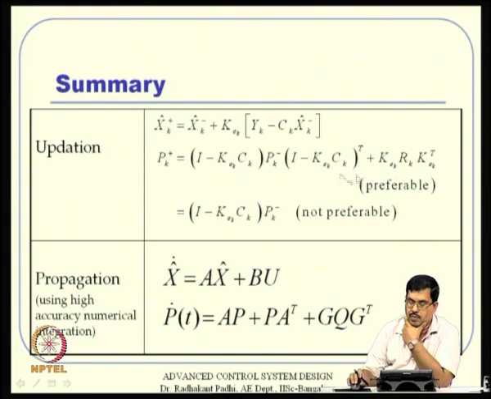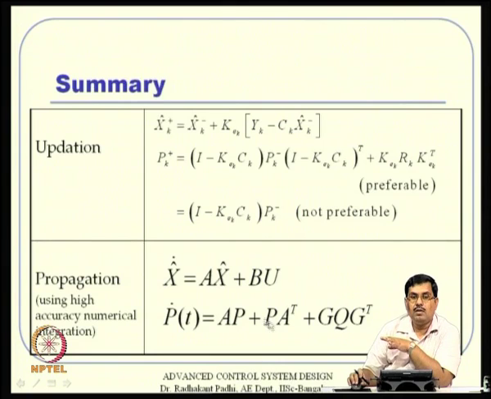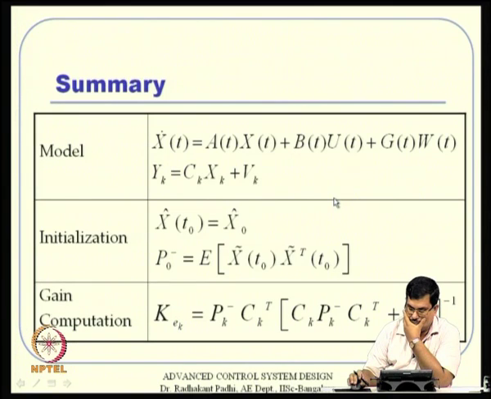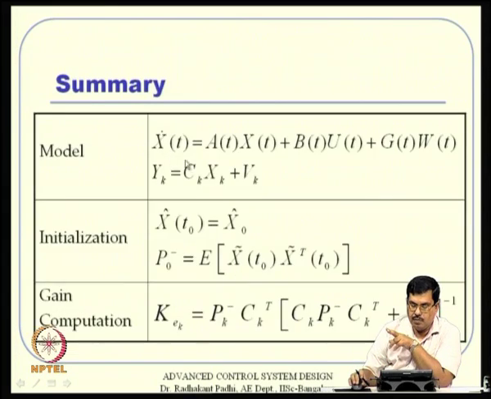Again, this symmetric form is preferable. For propagation we will make use of this propagation term, I mean this continuous time covariance matrix, to propagate. This covariance matrix can also be updated there.